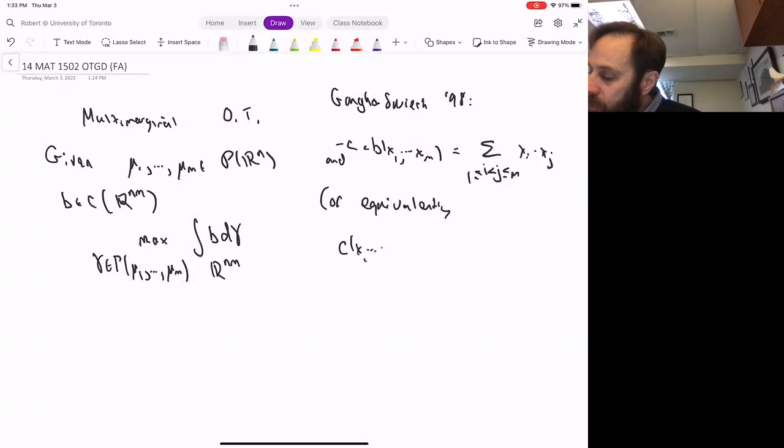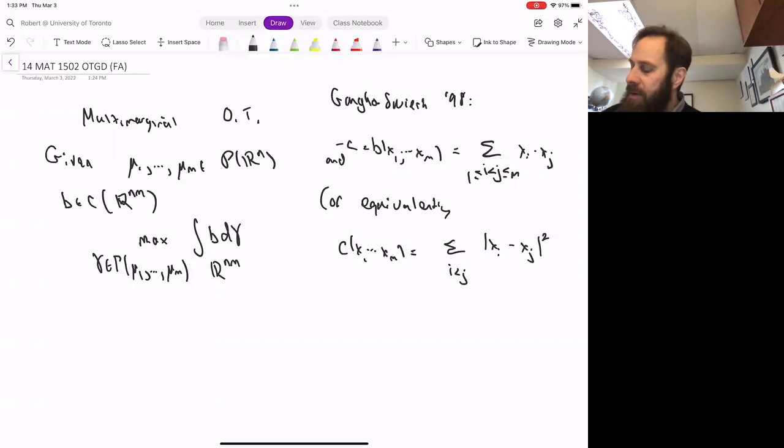That's equivalent to a cost function, c of x_1 up to x_m, which would be the sum over j less than i of |x_i minus x_j| squared. The difference is that b is not really minus c, but rather minus c plus a multiple of the sum over i from 1 to m of |x_i| squared.